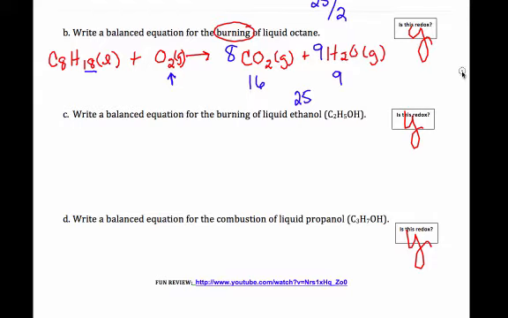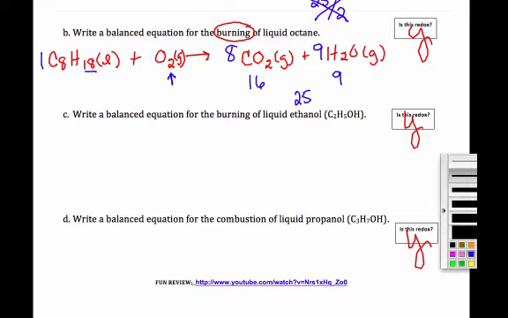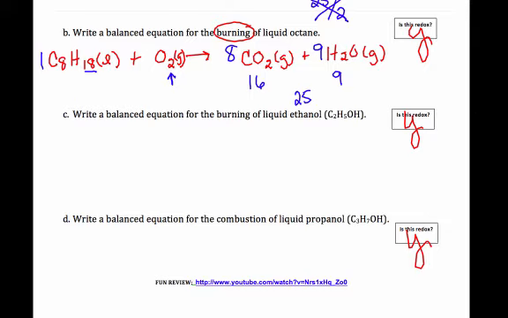That's not physically reasonable, but it does technically balance the equation. We're requiring you to balance using the smallest whole number ratio. If I want to make an odd number become an even number, I double it, right? That always works.